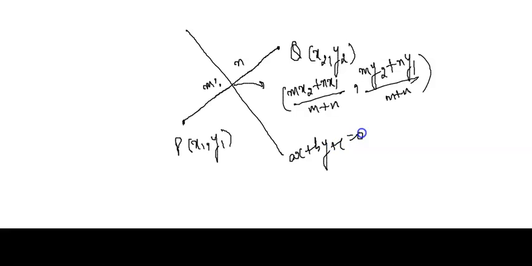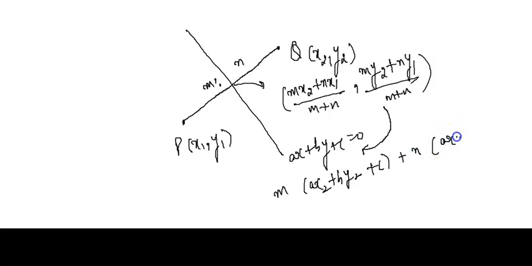Okay, and let us say the equation of the line is ax + by + c = 0. Now since this point lies on this line, it must satisfy this equation. So you just substitute it and you will get m(ax2 + by2 + c) + n(ax1 + by1 + c) = 0.